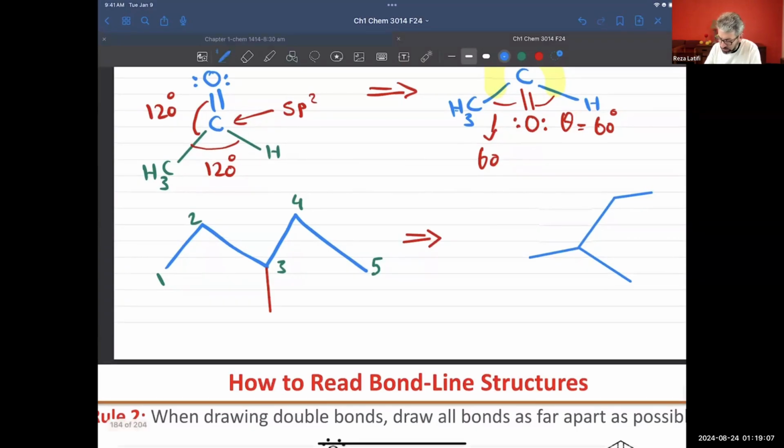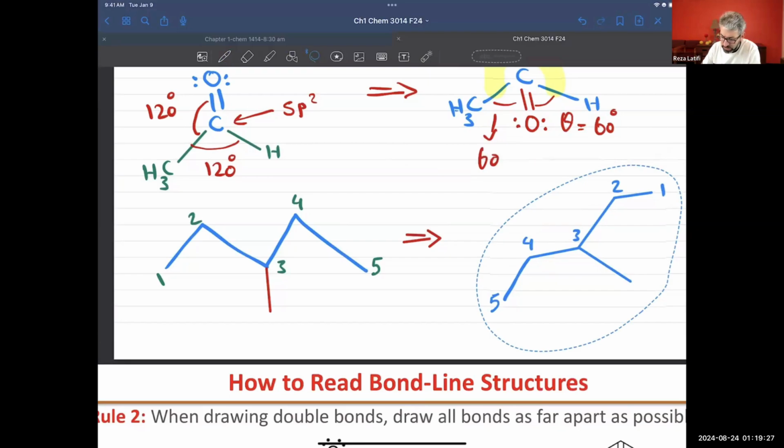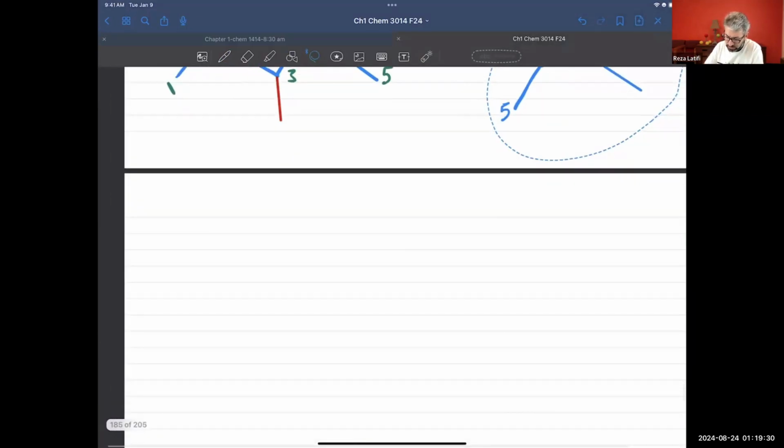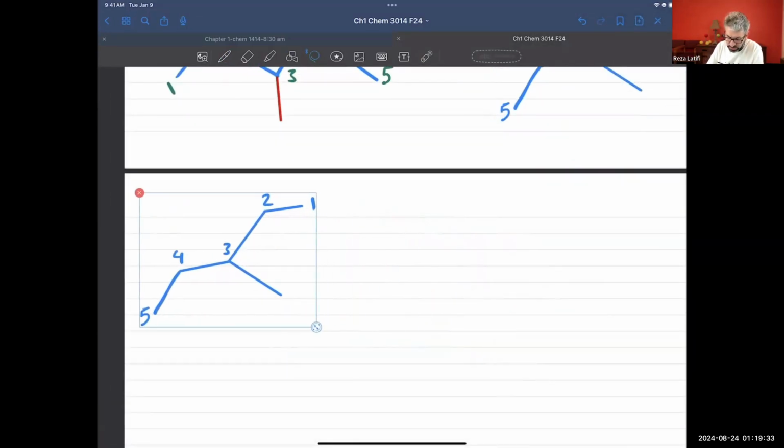So I go 1, 2, 3, and next, let's say you put this one down here and make it 4, 5. That's another one, it's possible. Or you can actually change the direction of number 5 and draw it this way. Draw this one.